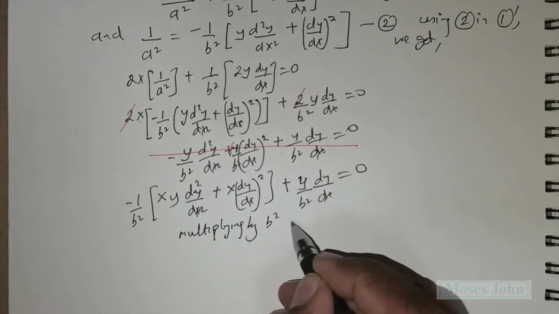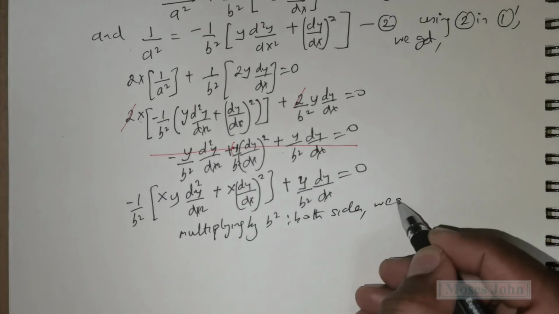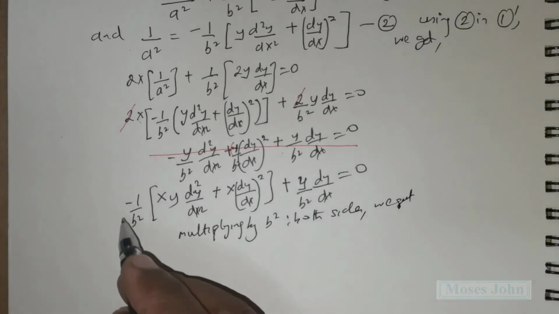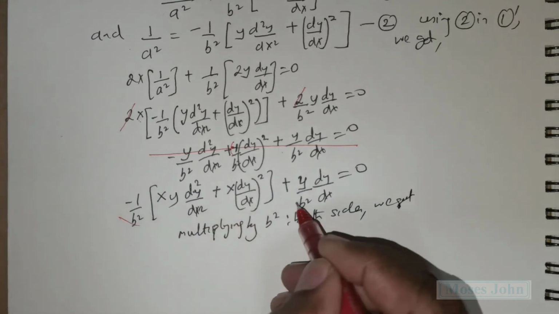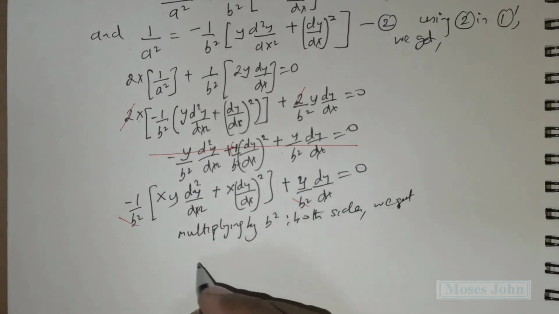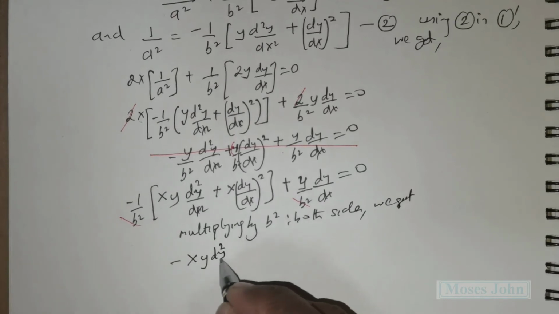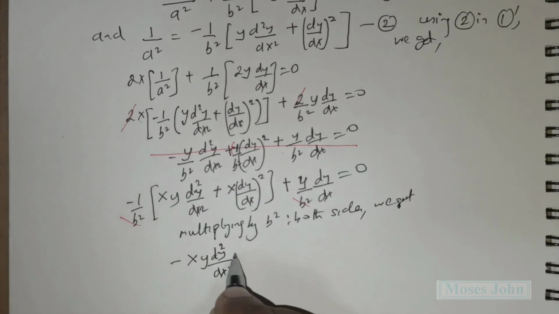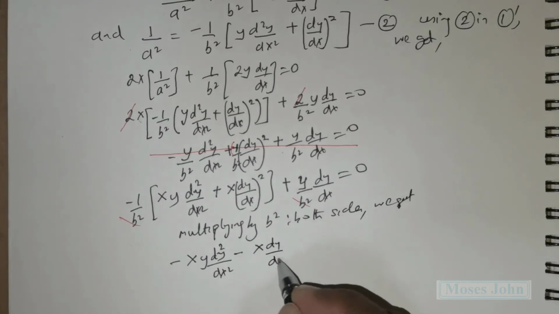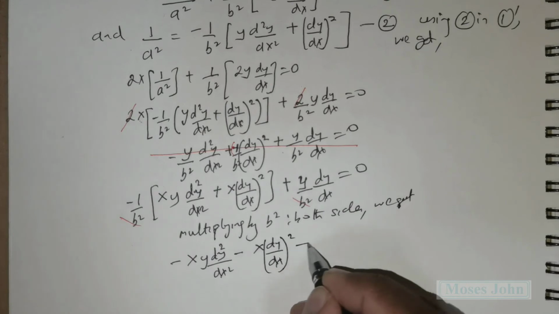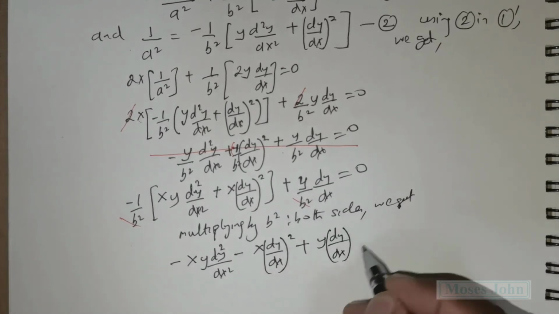Now multiplying by b squared both sides, this b squared and this b squared get cancelled out. That would give us negative xy d squared y over dx squared minus x times dy over dx the whole squared plus y times dy over dx is equal to 0.